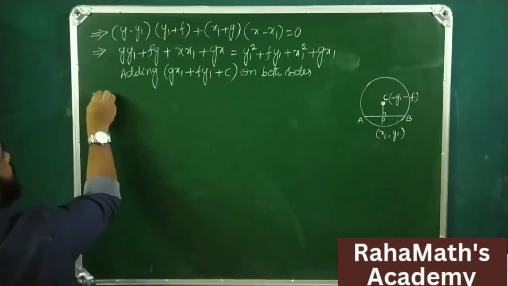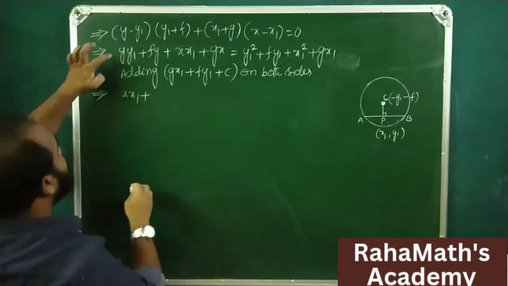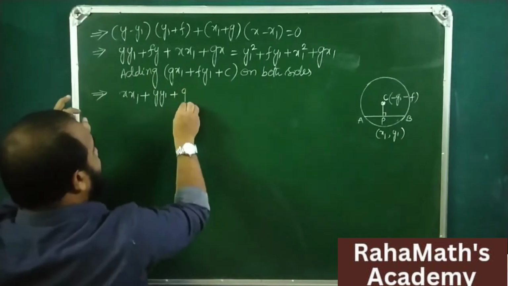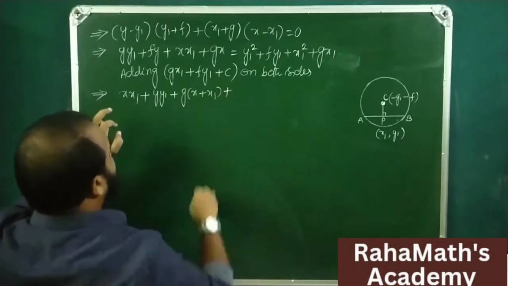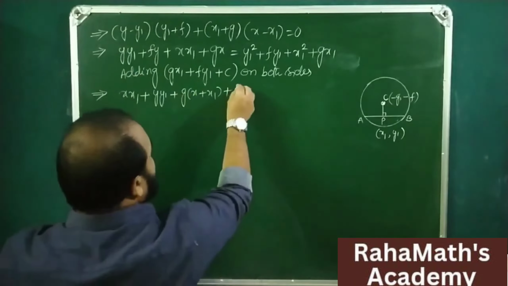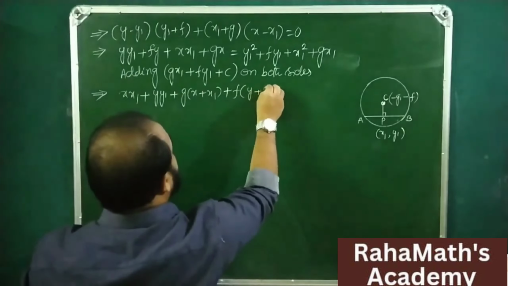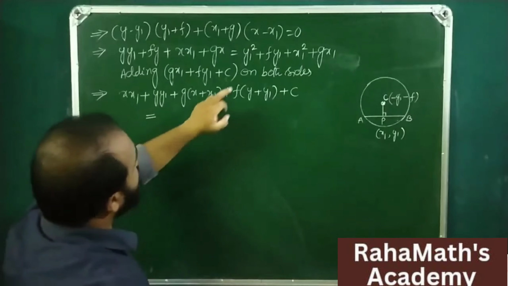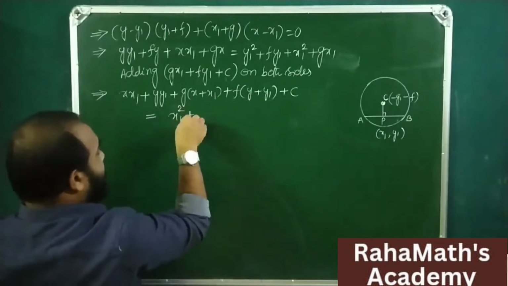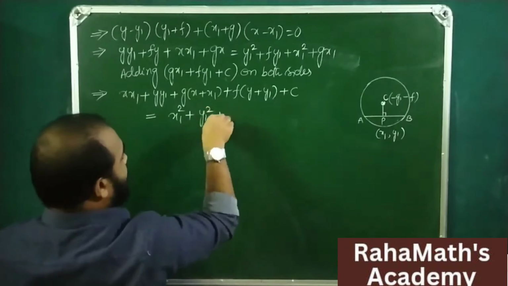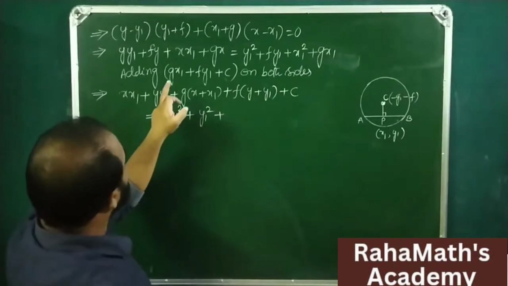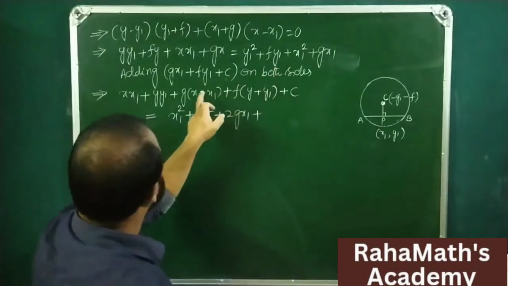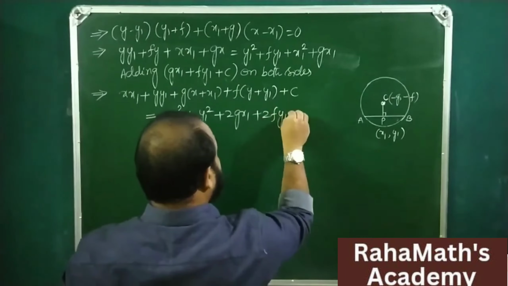Then xx1 plus yy1 plus gx plus gx1, so g into x plus x1, plus fy plus fy1, f into y plus y1, plus c, this is LHS, is equal to x1 square plus y1 square plus gx1 plus gx1, 2gx1, plus fy1 plus fy1, 2fy1, plus c.